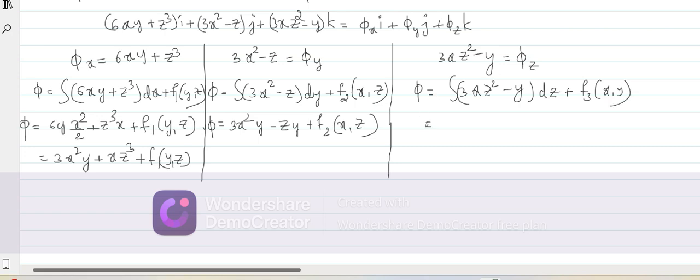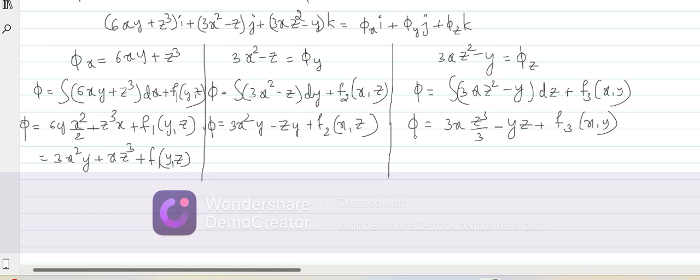So 3x is constant, the integration of z² is z³/3, minus y is constant, the integration of 1 with respect to z is z, plus f3(x,y).